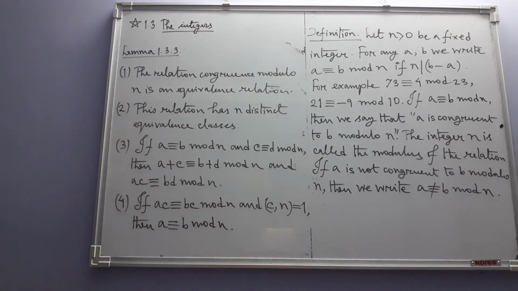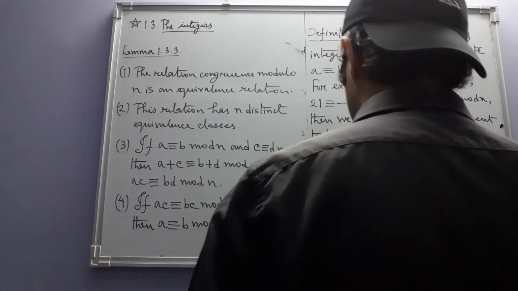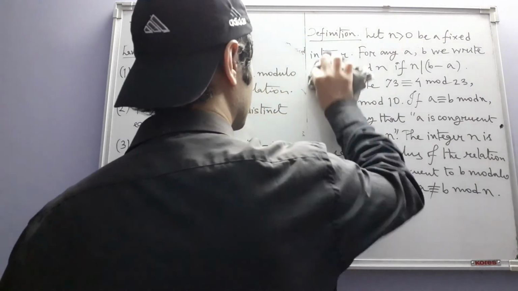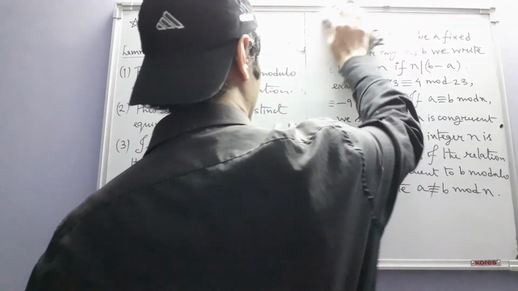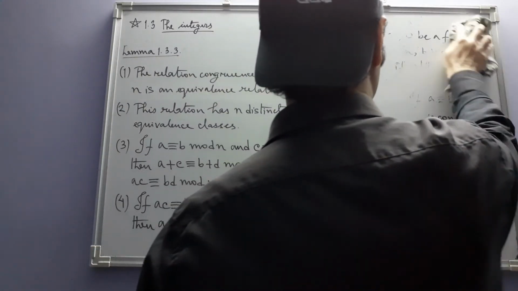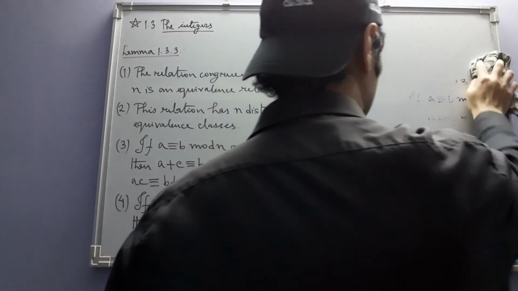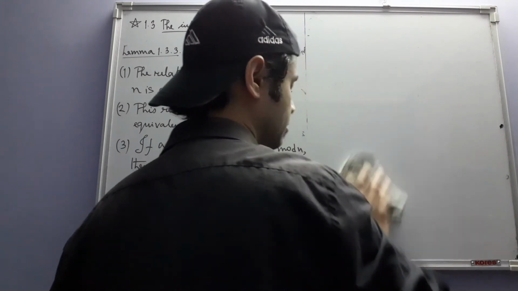Okay, so we are now going to prove them one by one. The proof is not very difficult. The parts follow quite easily from the definition itself and elementary properties of divisibility that we have already seen.